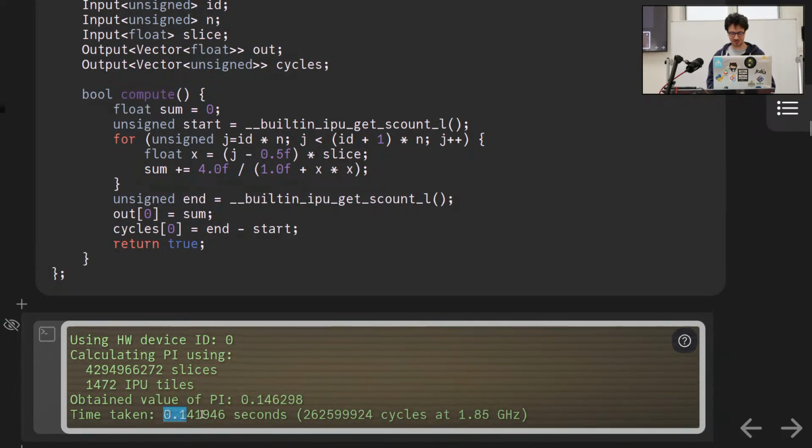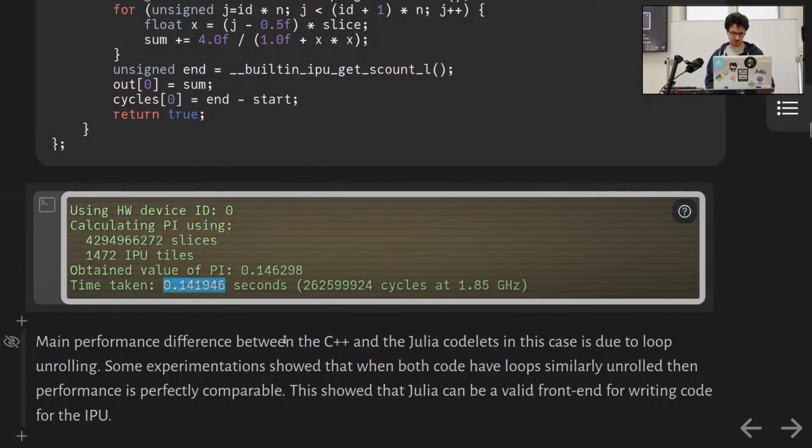The point is, the time that it took to run is pretty much similar to what we got with the kernel written in Julia. It's actually, in this case, slightly slower. I believe it's just a matter of loop unrolling. Somehow Julia, in this case, was doing better loop unrolling than the C++ compiler.